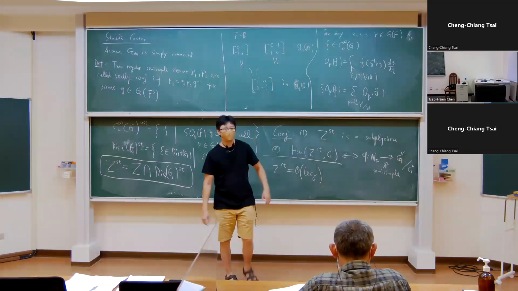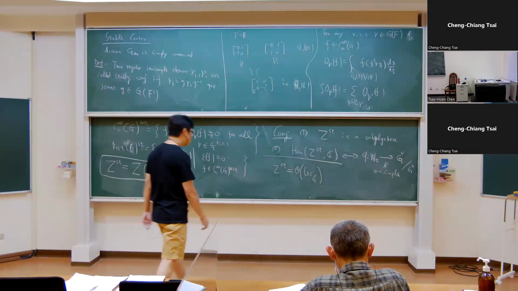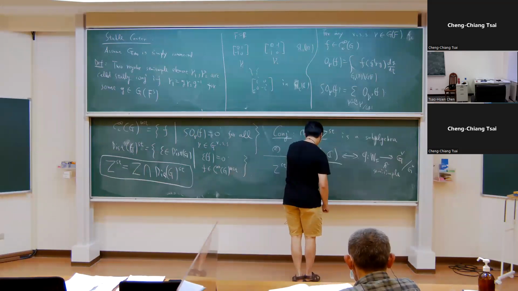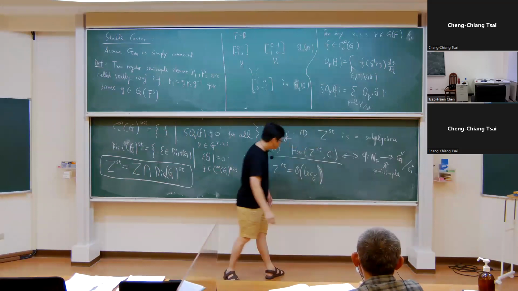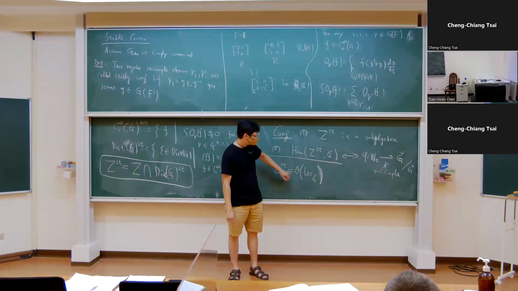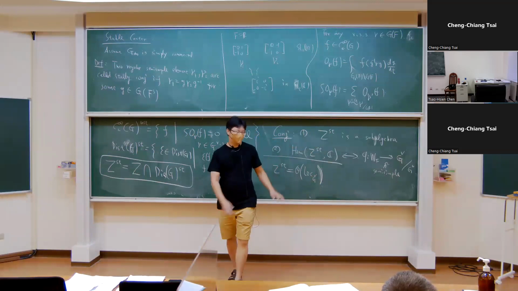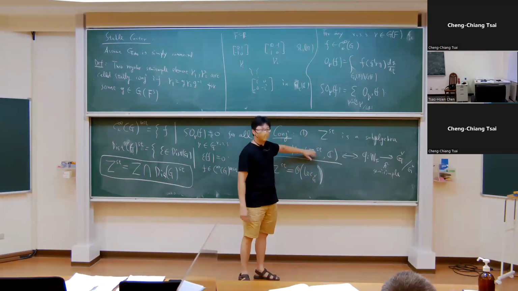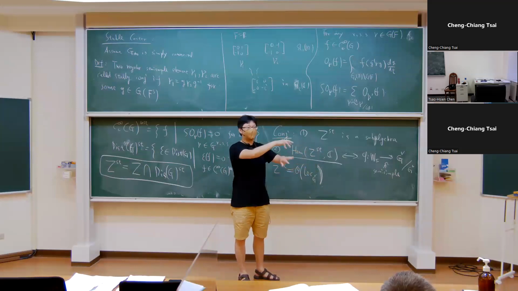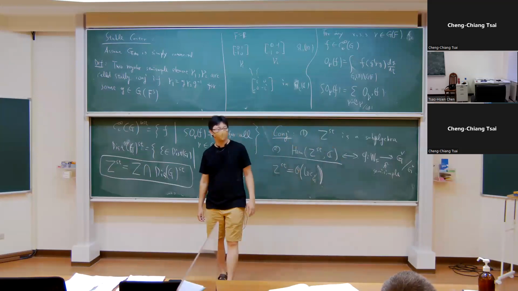There's a stack of Langlands parameters, and it turns out this algebra should be just the ring of global functions on it. So it will be a GIT quotient of a certain framing, and when you take a GIT quotient, you only remember those semi-simple orbits.